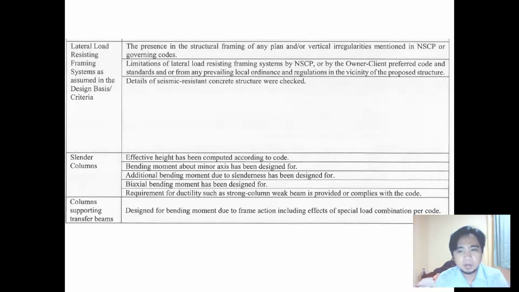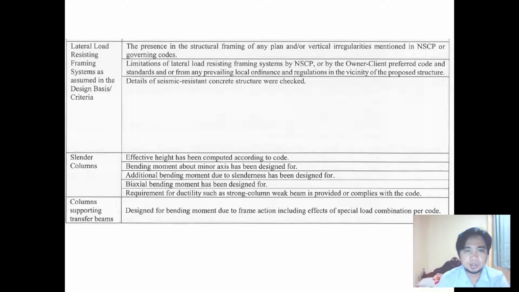Okay, for lateral load resisting framing system as assumed in the design basis criteria, we have specifics: the presence in the structural framing of any plan or vertical irregularities mentioned in NSCP or governing codes.